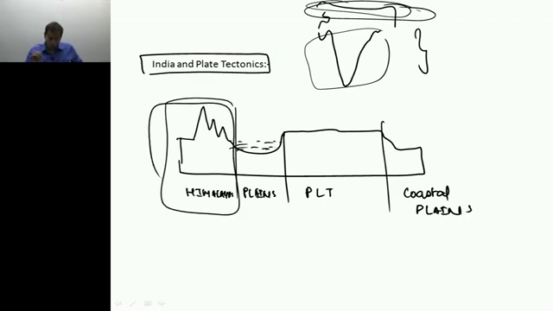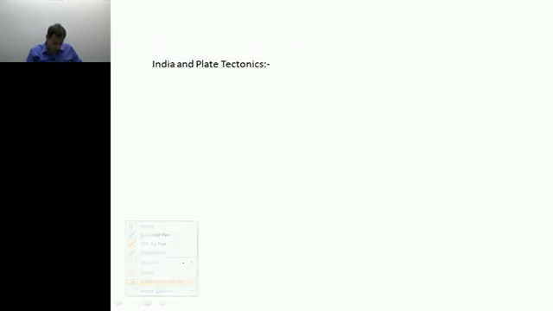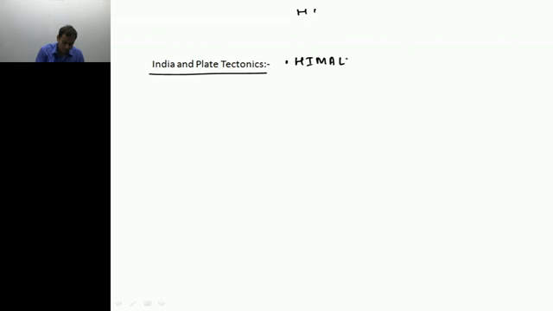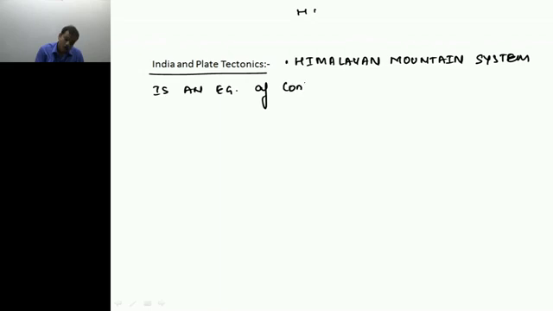So the Himalayan mountain system is an example of continent-continent collision.